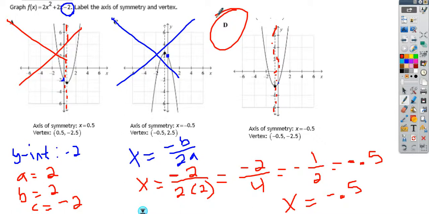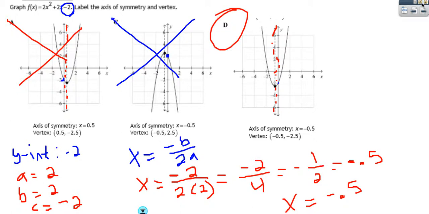Down here, we want to double check. The axis of symmetry is -0.5. That is correct. And our vertex should be (-0.5, -2.5). If we plug -0.5 into our equation, we should get -2.5 as the other value of our vertex. I'm going to show you that here. It is not necessary that you do that, but it is something that you may have to do eventually.